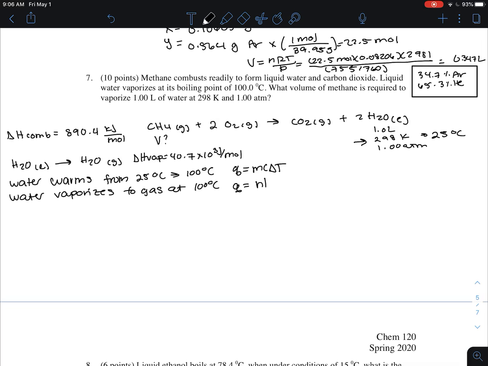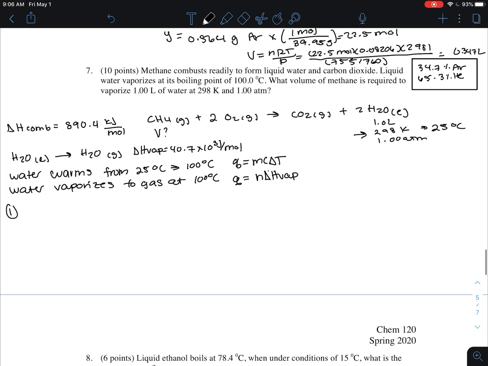So you have your first heat, which will be, since it's warming up to 100, mc delta T, and then your second heat, which will be your moles times your heat of vaporization. Okay, so my first step will be to calculate the amount of heat needed to reach the boiling point. Now, I'm given 1 liter of water.